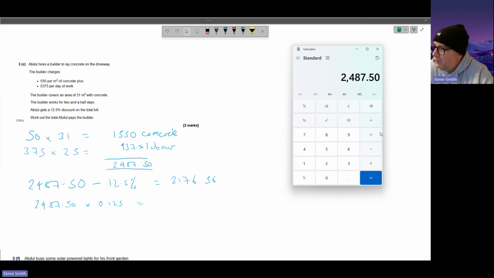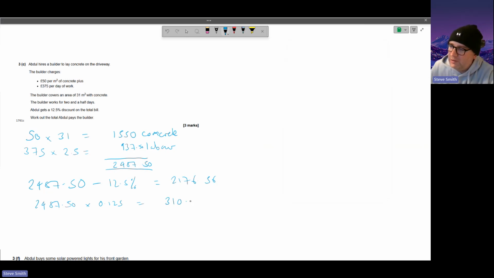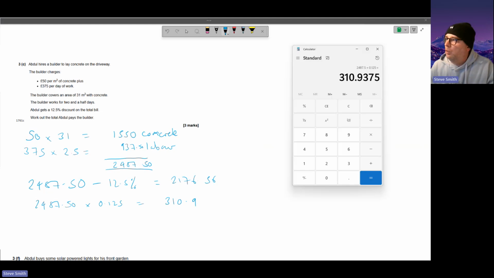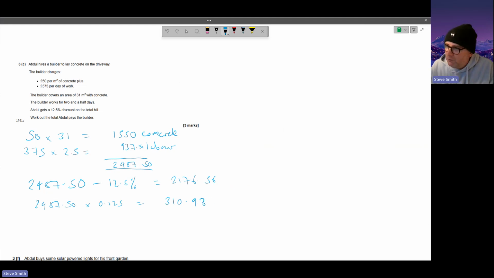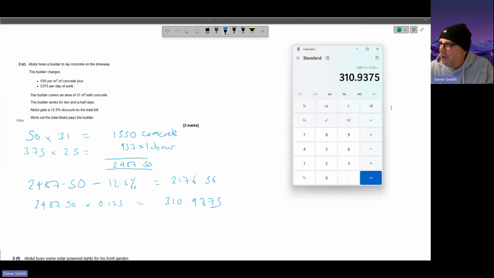So we've got the total amount multiplied by 0.125. So we know we're getting a discount. It doesn't ask how much discount he's getting, but he's getting a discount of £310.9375.